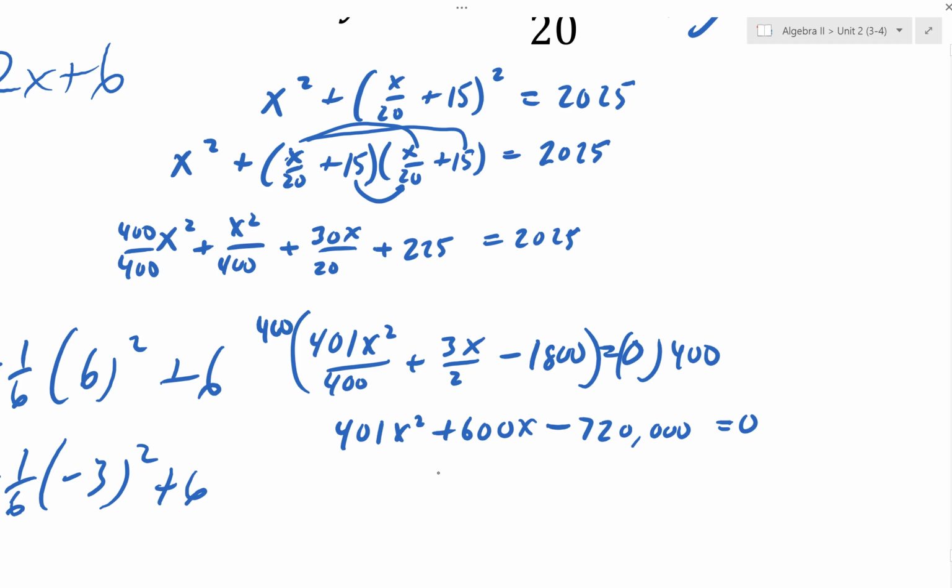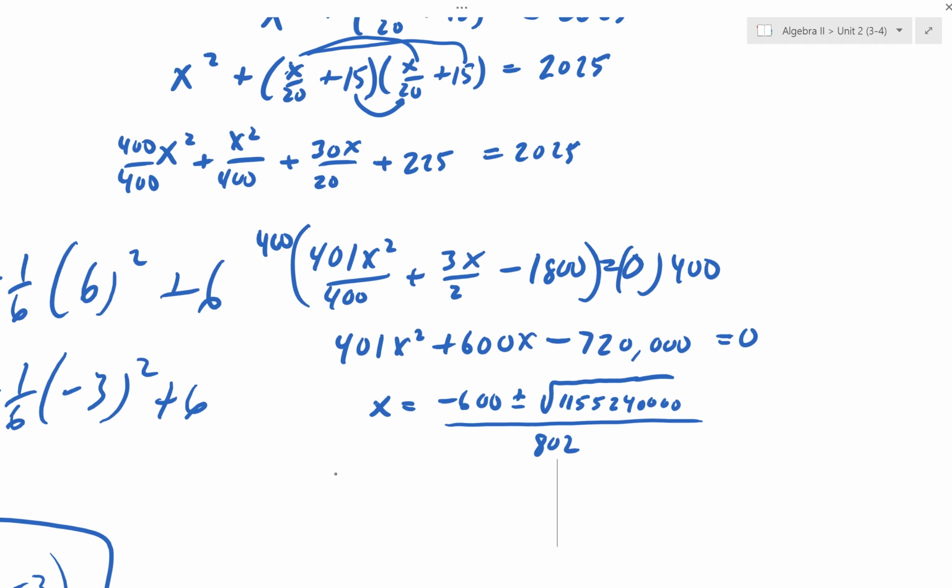So when I solved that, I got, using the quadratic formula, x equals negative 3 halves, or actually negative 600 using the second method, so that would be negative 600 plus and minus the square root of the discriminant ends up being this huge number 1155240000 divided by 802.